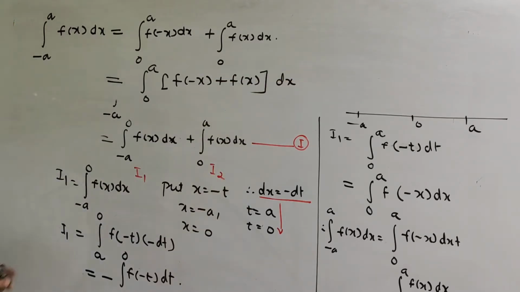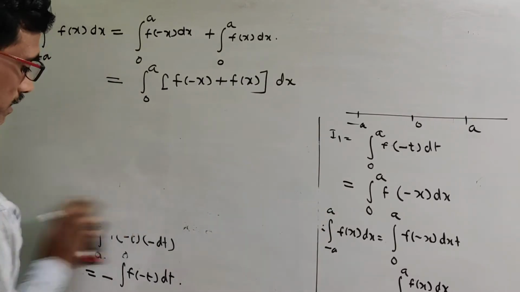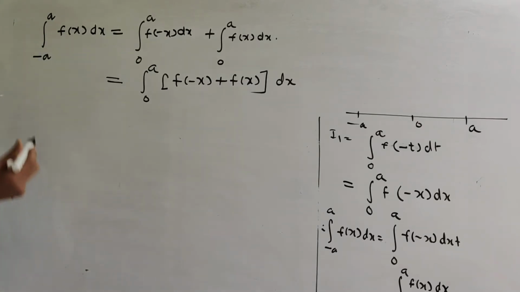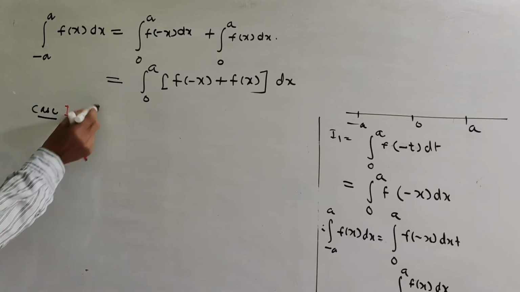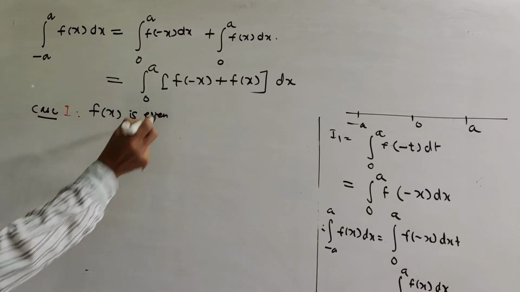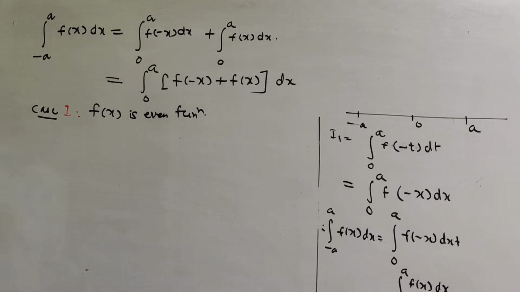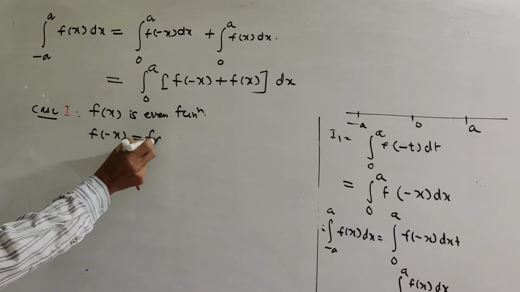Now if the function is even, function even means what? If f of minus x is equal to f x, then the function is an even function. Now suppose case 1, f x is an even function, meaning f of minus x is equal to f x.